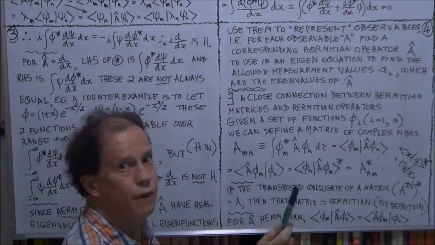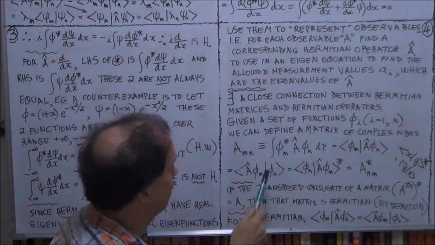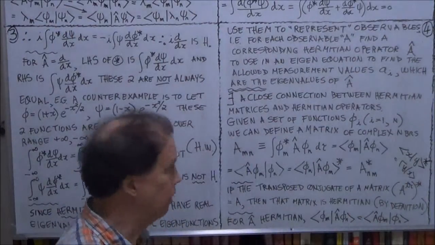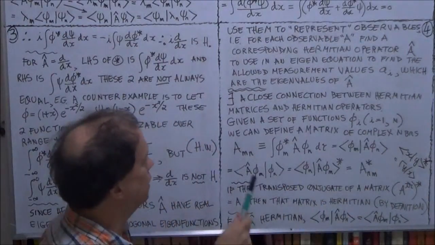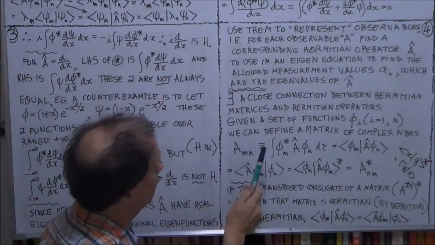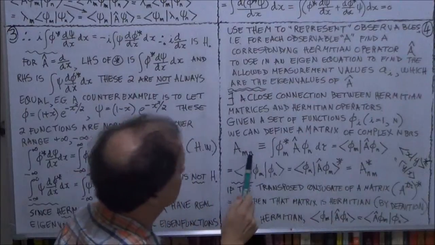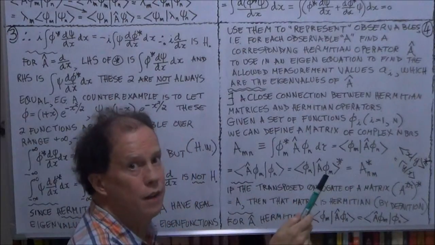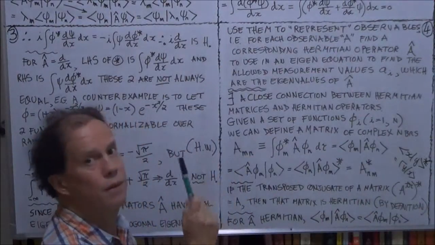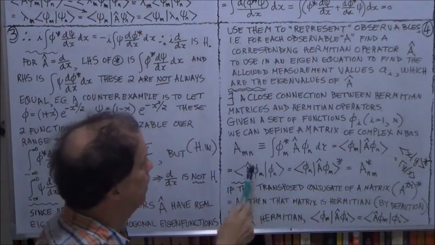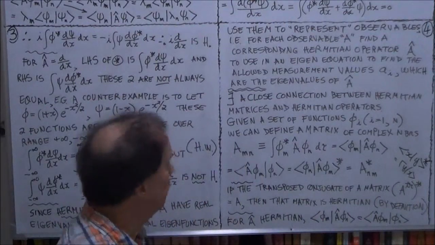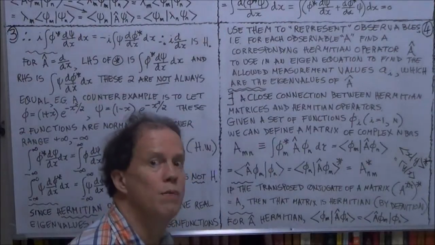Now we can actually define a Hermitian matrix directly without having to worry about this. I can just say, if you have a matrix where, if you transpose it and conjugate it, what you get is equal to what you started with, then by definition that matrix is Hermitian.